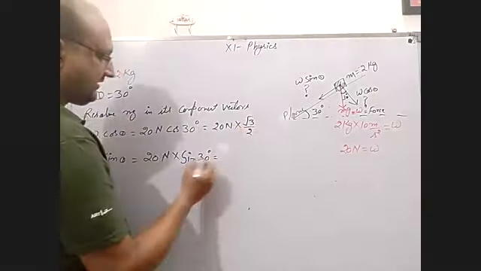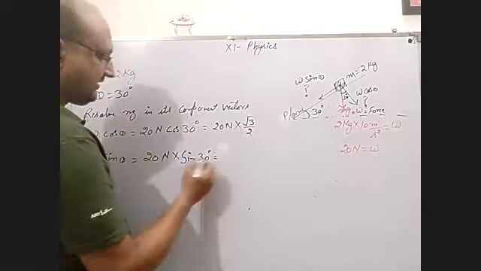Now the next thing is, what is the angle between these two component vectors, W cos theta and W sin theta? 90 degrees. So if you want to get your weight value of 20 Newton again, then you have to apply the resultant formula between these two component vectors.